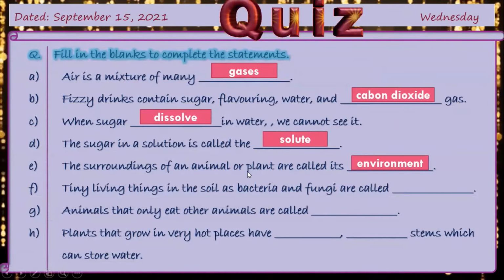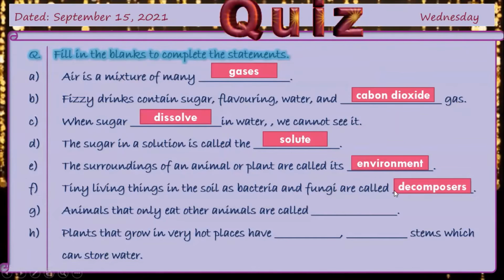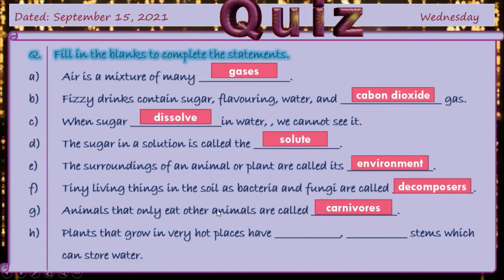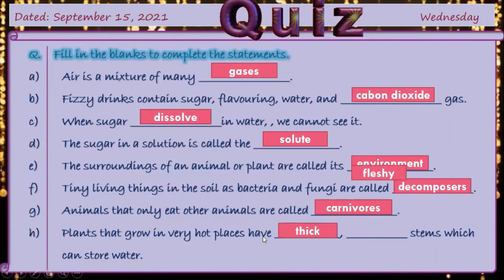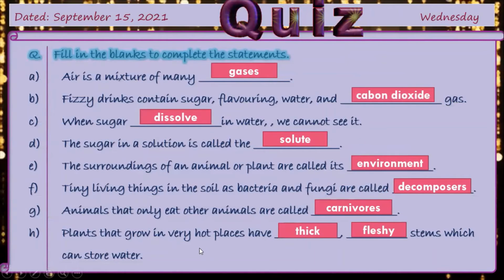The surroundings of an animal or plant are called its environment. Tiny living things in the soil such as bacteria and fungi are called decomposers. Animals that only eat other animals are called carnivores. Plants that grow in very hot places have thick, fleshy stems which can store water.